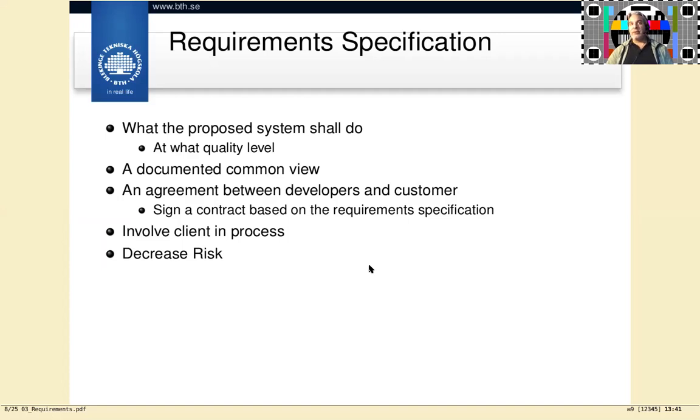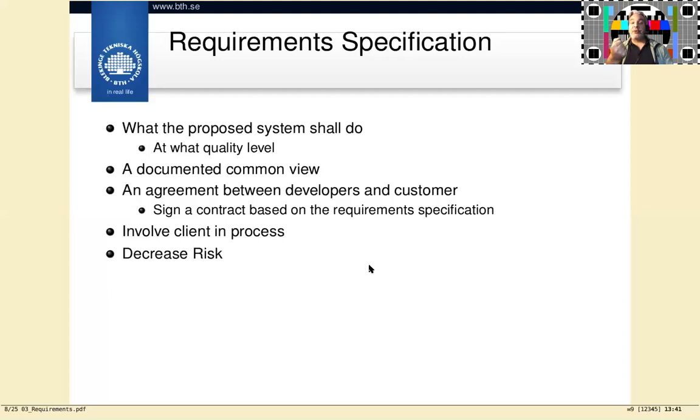So the contract is not a requirement specification, and a requirement specification is not the contract, but you'll point to them. When you sign the contract, you'll say that this contract is in relation to the requirement specification, this and that version. So this invariably ends up as some form of legal document. Even though it's not in the contract itself, it's still a legal document.